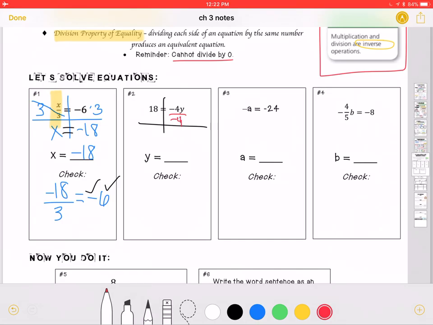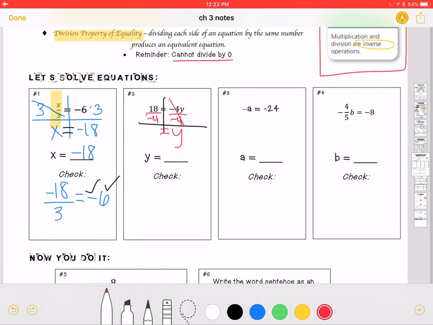All you're changing is the operation. So we'll divide by negative 4. Whatever I do to one side, I have to do to the other side. So I'm going to divide 18 by negative 4. I can kind of set myself up, y equals, and now let's actually do that math.